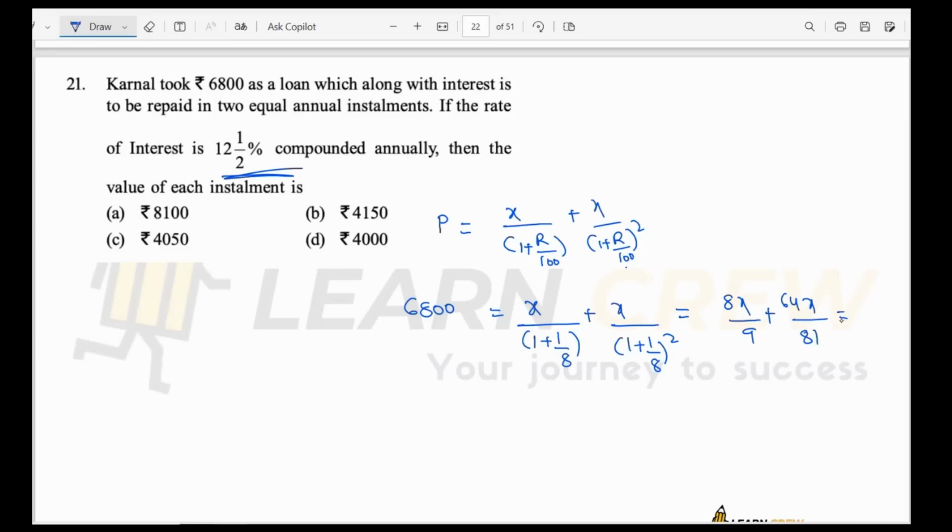On simplification, the LCM is 81. 72 plus 64, 9 8s are 72, so 136x. Thereby, x is equal to 6,800 into 81 by 136. Now, how many times will 136 go? 5 times. 81 into 5 is 405, so 4050. 4050 is the answer.